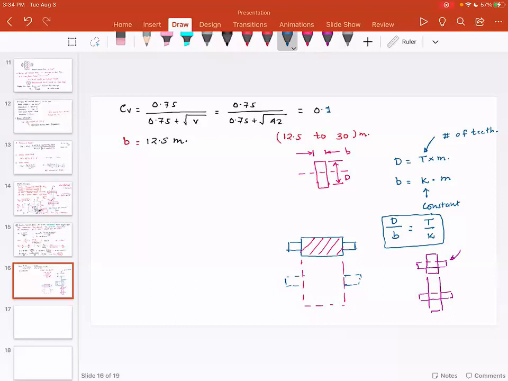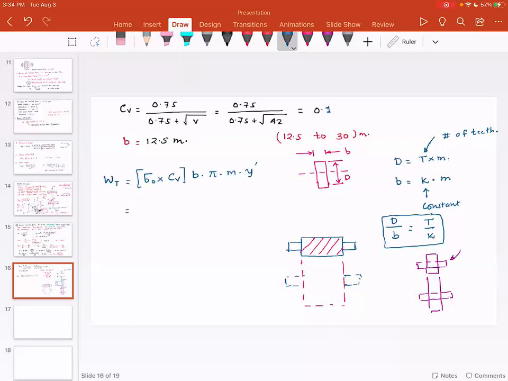So the next step, using all these equations, is you have WT is equal to sigma O times CV multiplied by B multiplied by pi multiplied by M multiplied by Y prime.